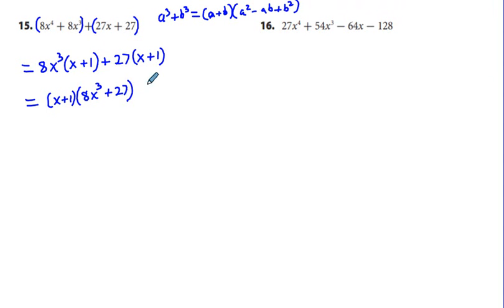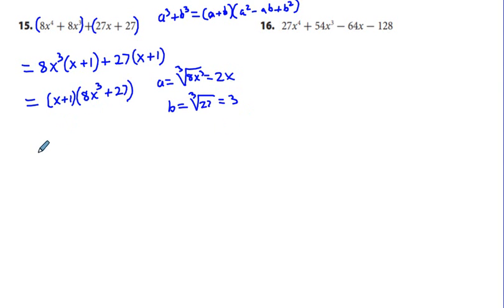So let's go ahead. In this case, a is going to be equal to the cube root of 8x cubed, which is equal to 2x, and b is equal to the cube root of 27, which is equal to 3.